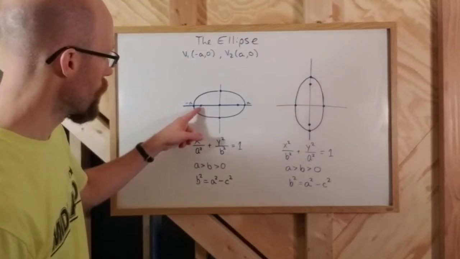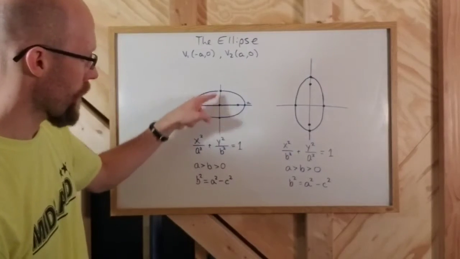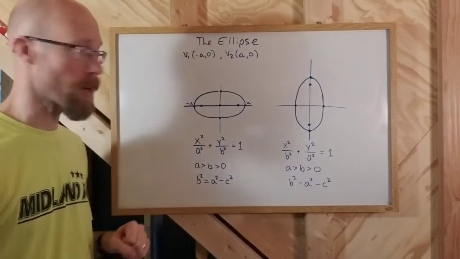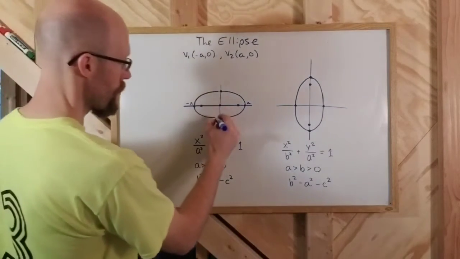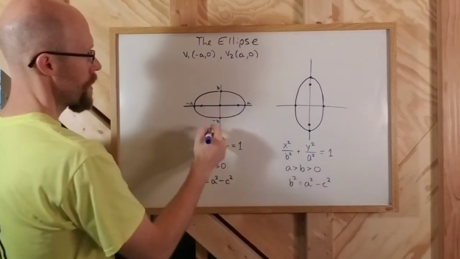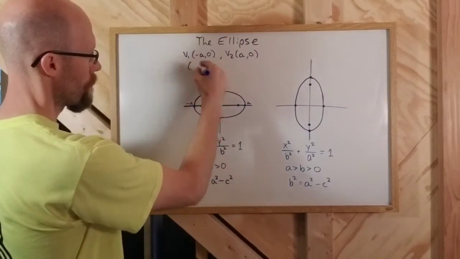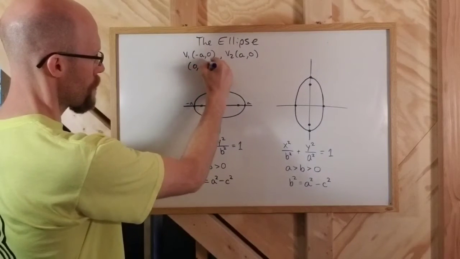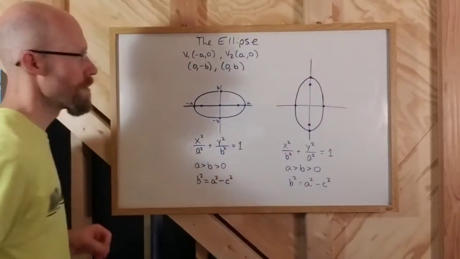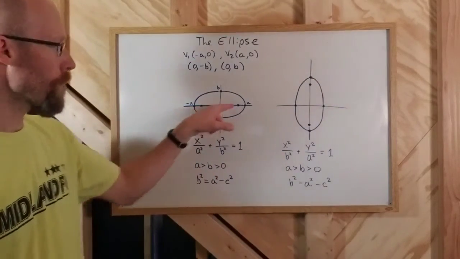Now the 2 points that are on the minor axis are given coordinates of b. So we'd have negative b on the bottom, positive b on top, and those 2 points technically would be (0, negative b) and (0, b). Right, so those are the 2 points there. Then we have the 2 foci.